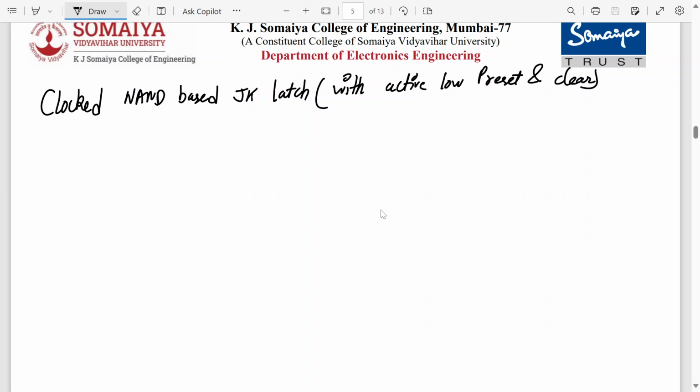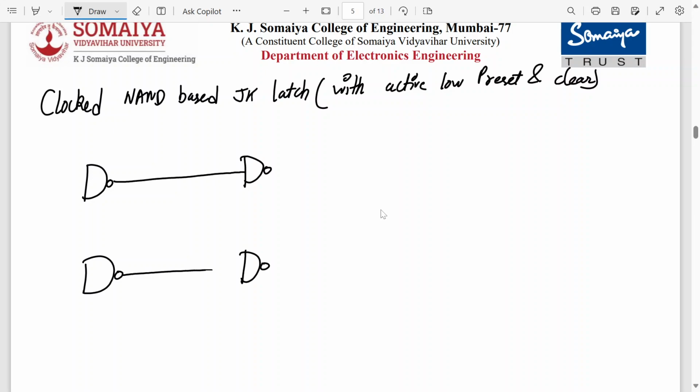First implement it using gate level schematic. So what will be the change? Let's draw it. Like we have two NAND gates followed by another two NAND gates. These are directly connected over here. Then everything is similar. Right, at the last step there is a change. This is J, this is K, this output is Q, this is Q bar.